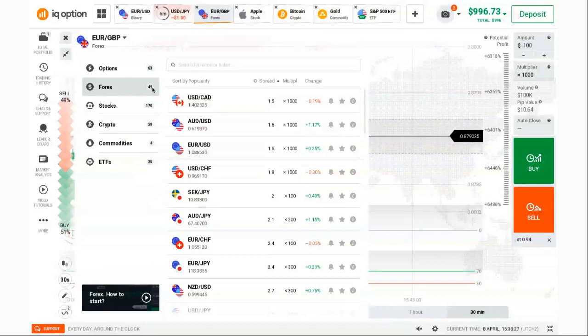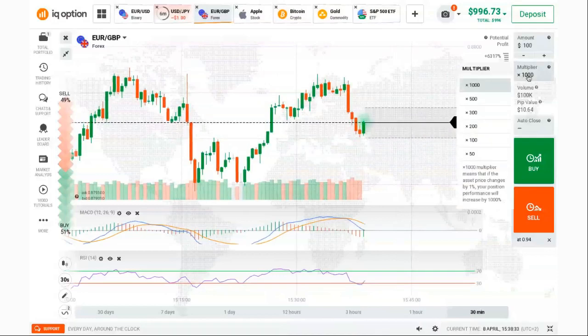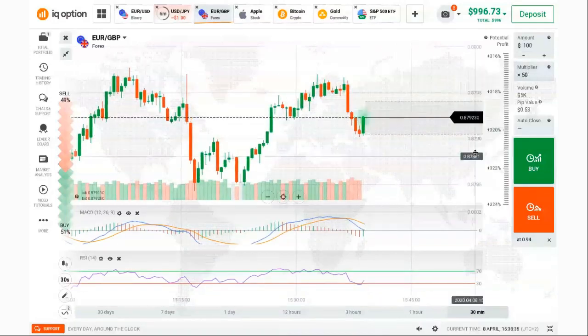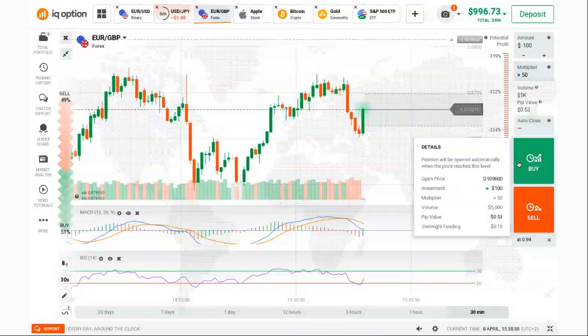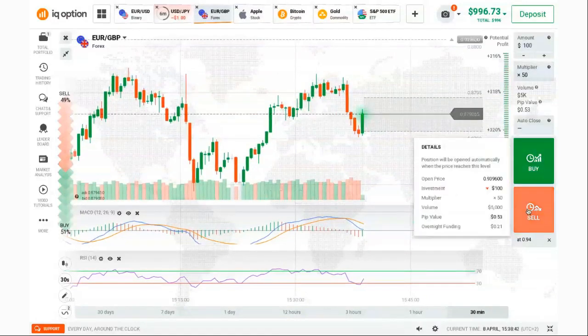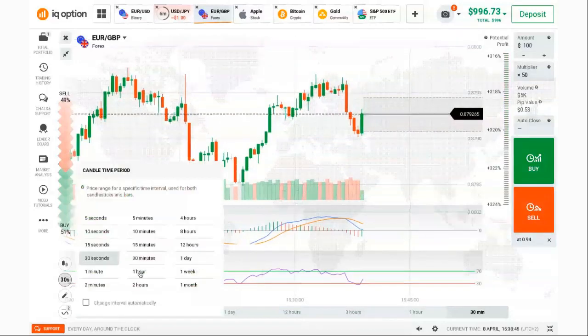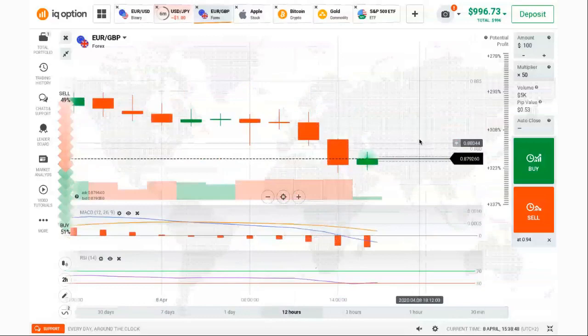In the meantime, back to Forex, where we have 49 different currency pairs available at the moment, and you can see the multiplier. If I pick a 50 multiplier, it shows me my profit on the side here, depending on which direction it goes. Now, I want to put this quickly to hourly charts so I can zoom out a little bit.